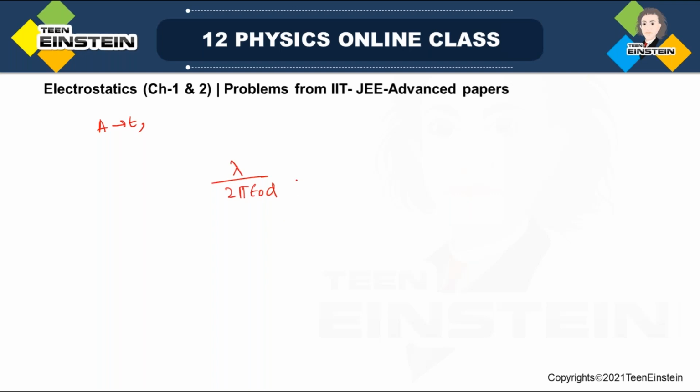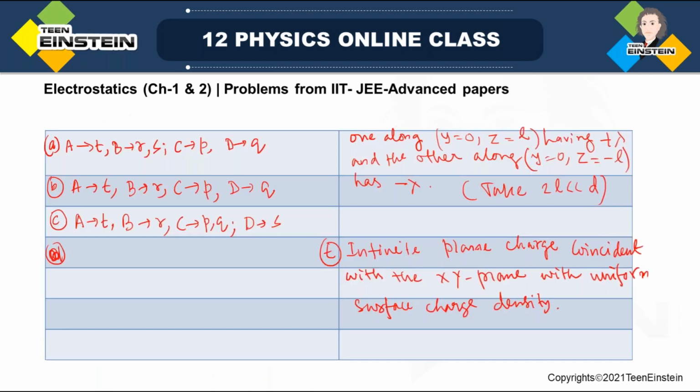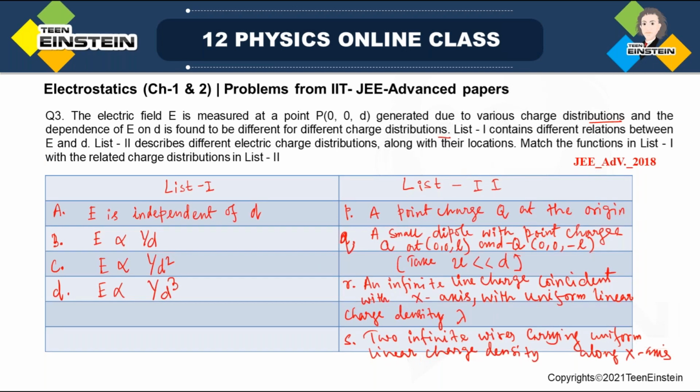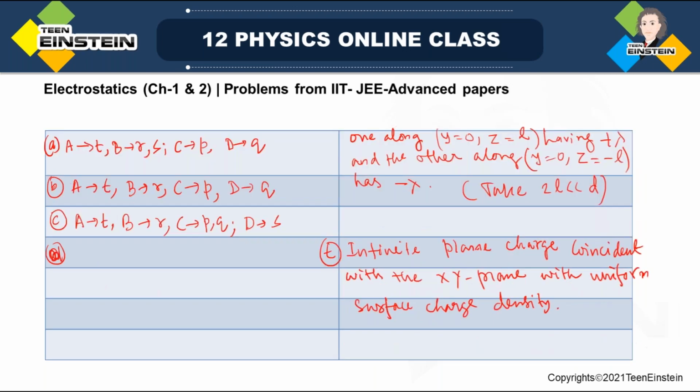So for an infinite line charge, it is better to remember the results of each symmetry. So option B matches with the infinite line charge, that is R. B matches with R. That is true.